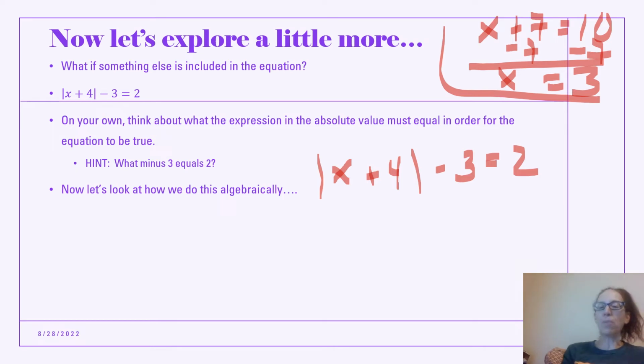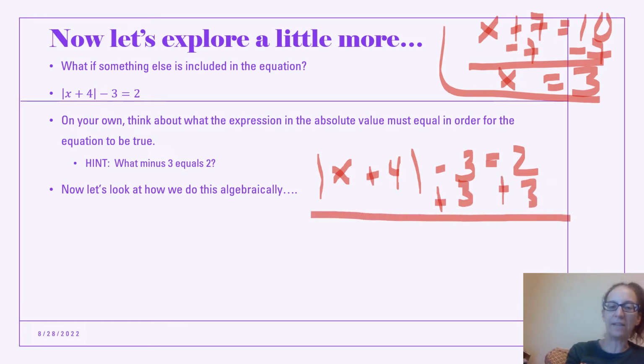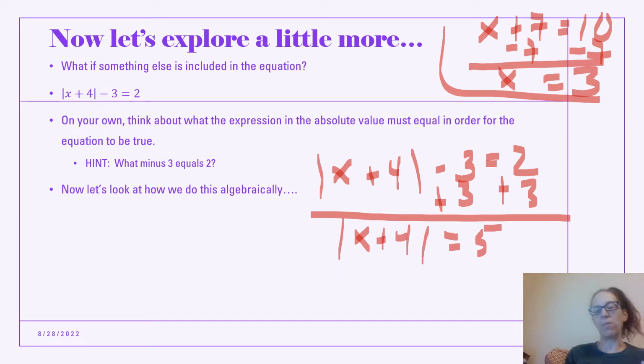So even though you can probably reason out that x plus 4 has to be equal to 5, algebraically what we would do is we would add the 3 to both sides. And what that does is it turns it into the same kind of problem that we were just working on. So now we would ask, okay, what quantities have an absolute value of 5?